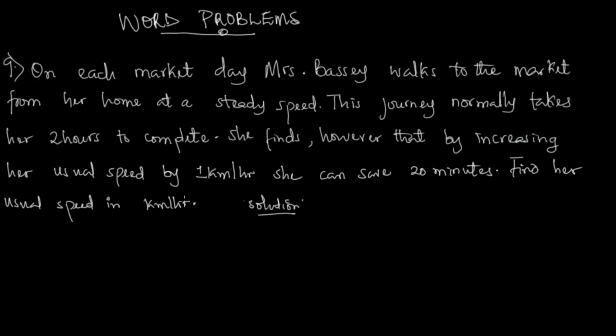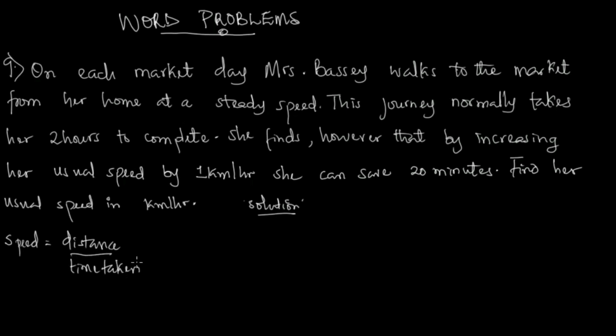When we have a question like this, the first thing we do is write a formula for speed. We know that speed is equal to distance over time taken. Let's interpret the question line by line.